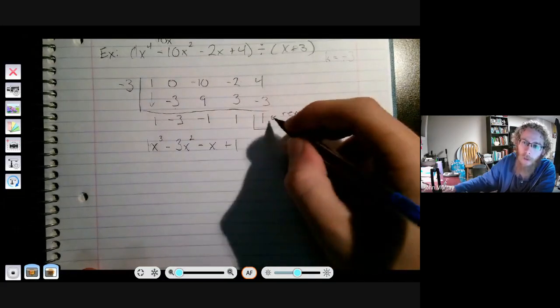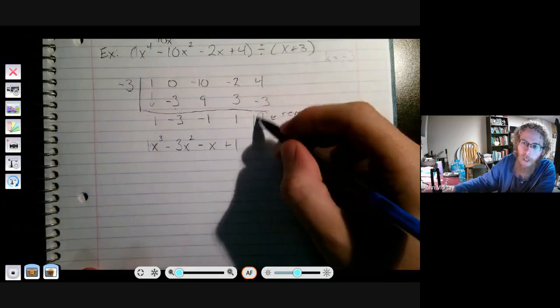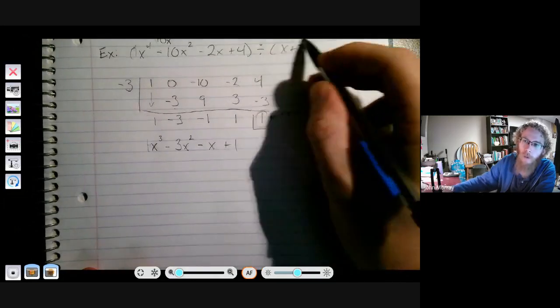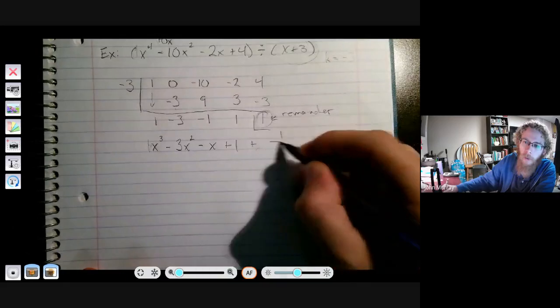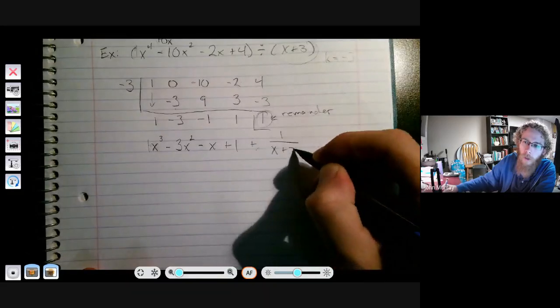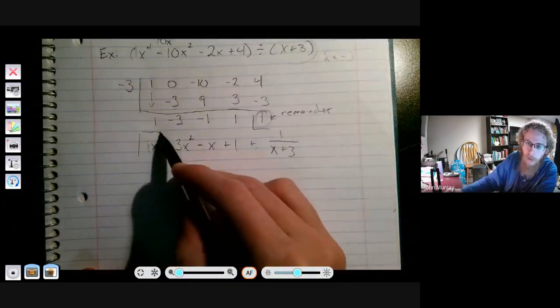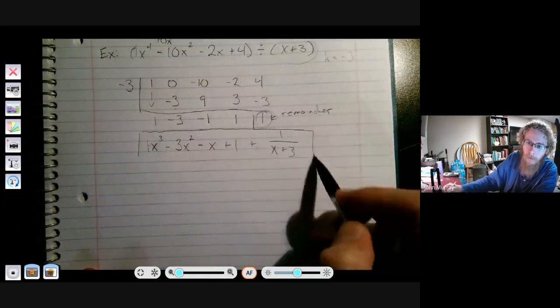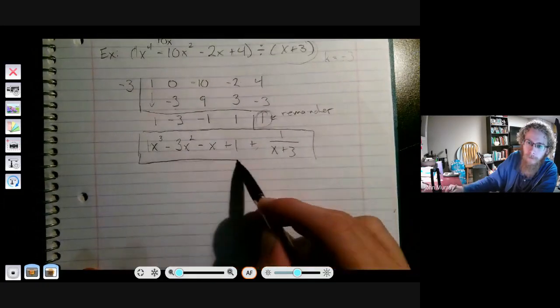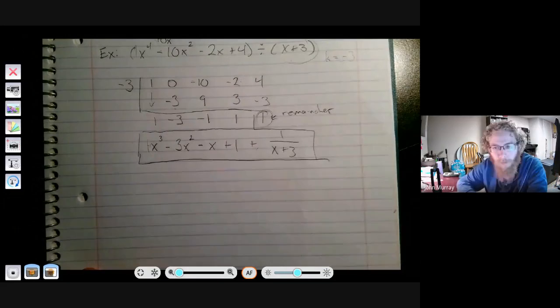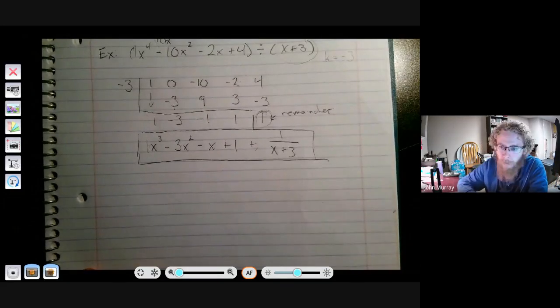And then we deal with the remainder like we did before. I'm going to take my remainder and put it over what I divided by. So plus 1 over x minus 3. And there we have our quotient, our answer.